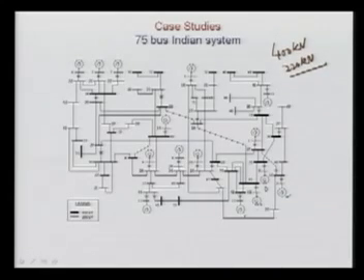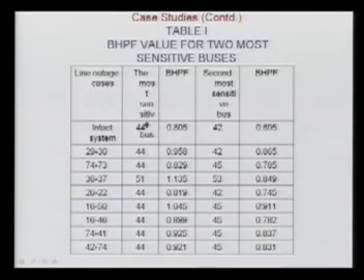For this case, what we have done is locate where we can put the SVC. We used the hybrid participation factor value for the two most sensitive buses. For the intact case, meaning the base case, we found that the most sensitive bus is 44, and the index is found here.